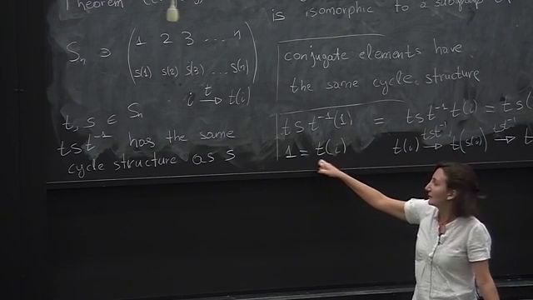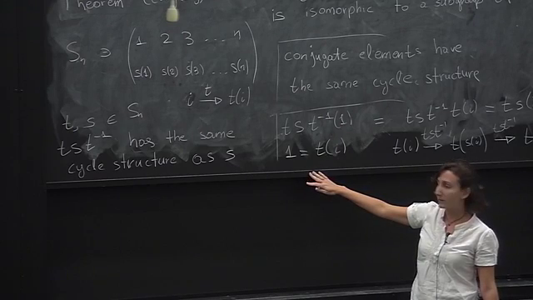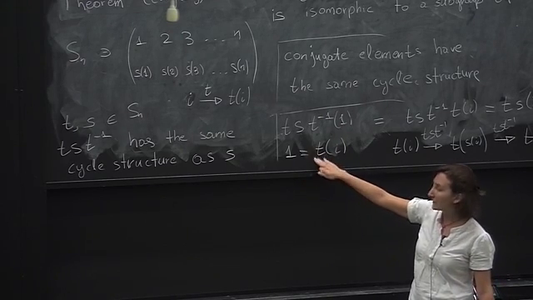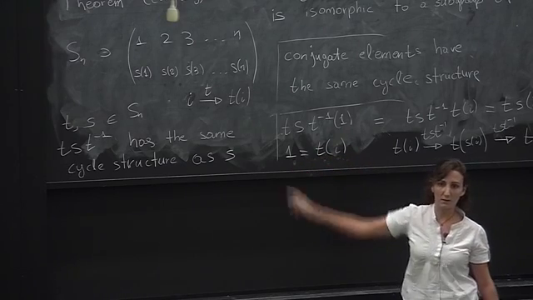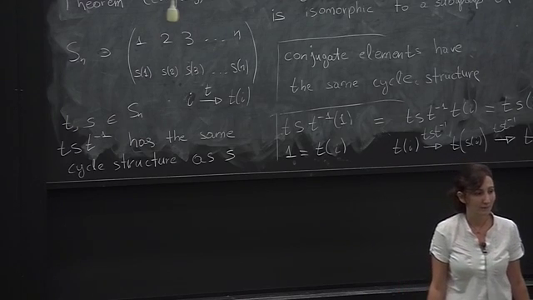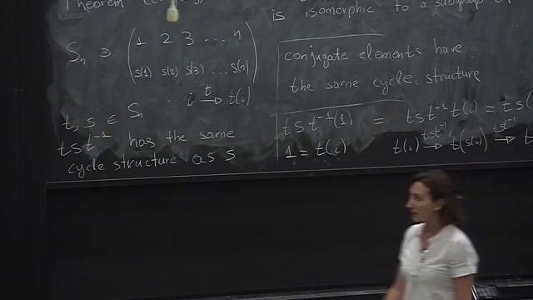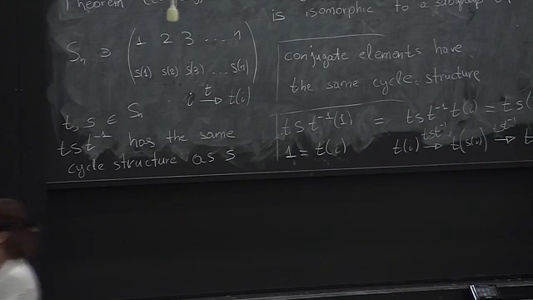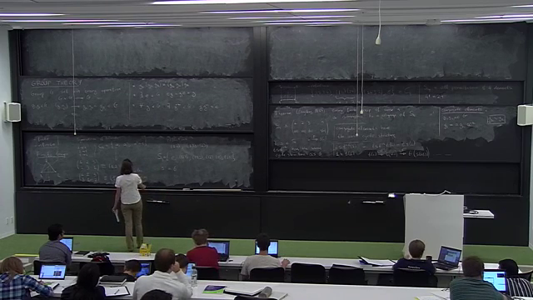It has to be some number, because these are permutations. Whatever T is, there must be a number I such that T of I is 1. Okay, so let me give another example.